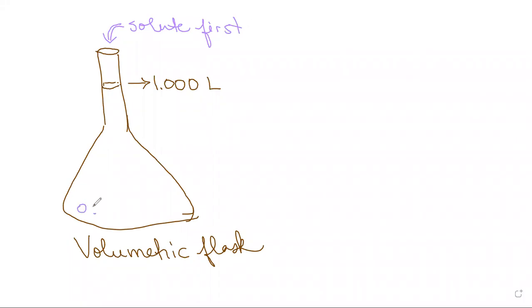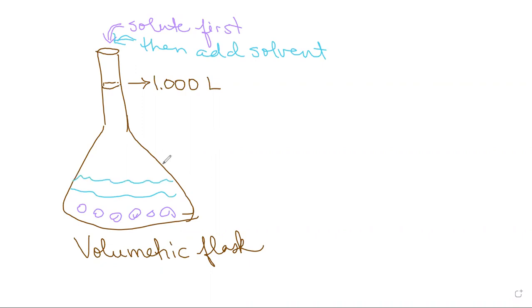It goes to the bottom. And then add your solvent. And don't add it all at once. You add a little bit of solvent, swirl it, make sure your solute's dissolving, add a little bit more solvent, swirl it, make sure it's dissolving. So you keep repeating this until you get to the point where you're in the neck, and then you want the bottom of your meniscus at this line. If it's anywhere else, you do not know what the volume of your solution is.